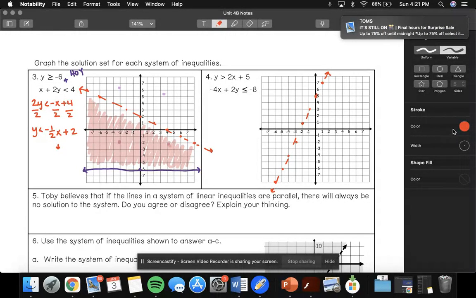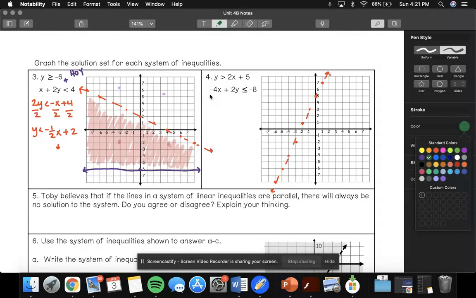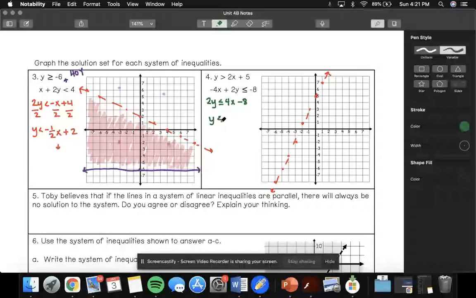Then for the other one, we have to move the x over. So 4x minus 8, then divide by the 2. So 2x minus 4. Start at -4. Go up 2 over 1.